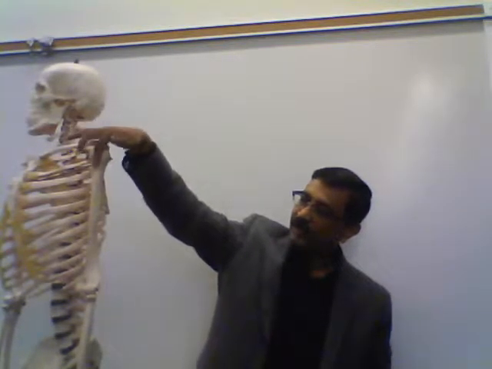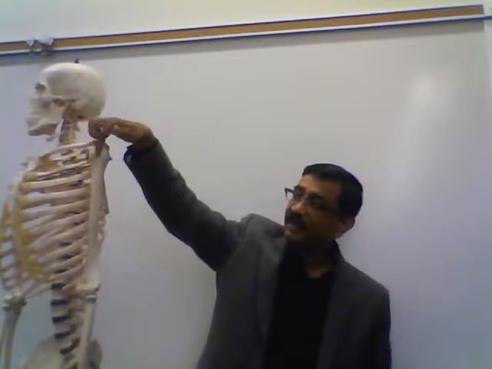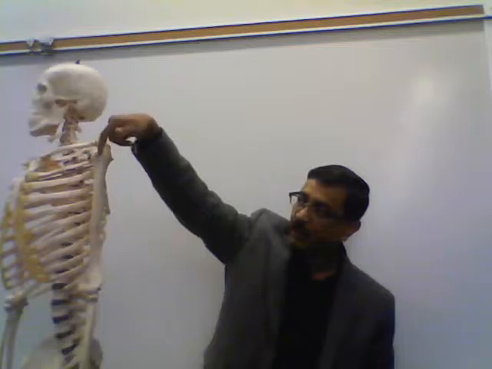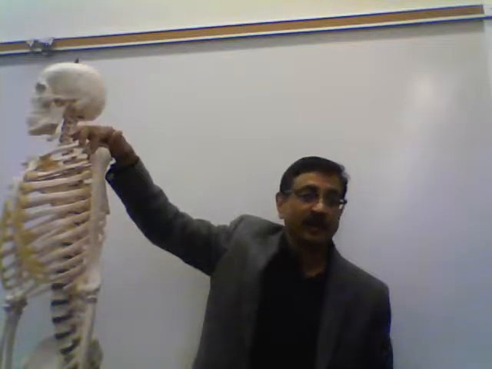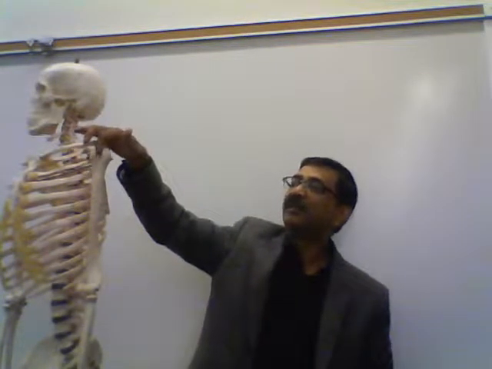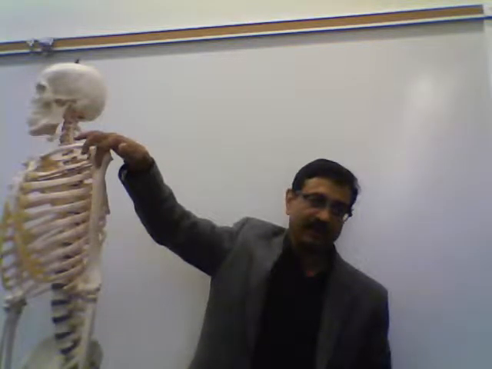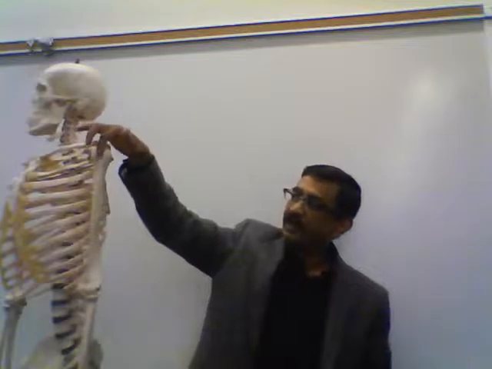This groove is called the intertubercular sulcus. Sulcus means groove, shallow groove. So, why is it called intertubercular sulcus? Because it is in between the tubercles, right? Inter means in between the greater and lesser tubercle. Make sense?